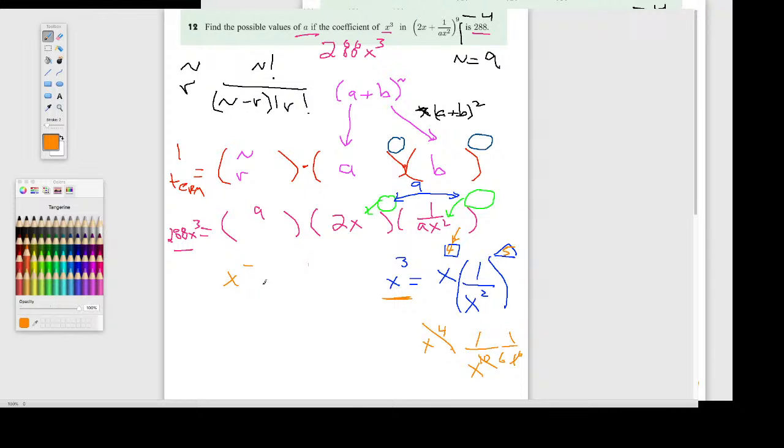X to the something times 1 over x squared. If I use my brackets and I think, okay, what should I put in this exponent here and this exponent here so they cancel each other out? Well, in order to get x cubed, this 4 has to increase. So we could put 5. Let's try 7 and see what happens, okay?